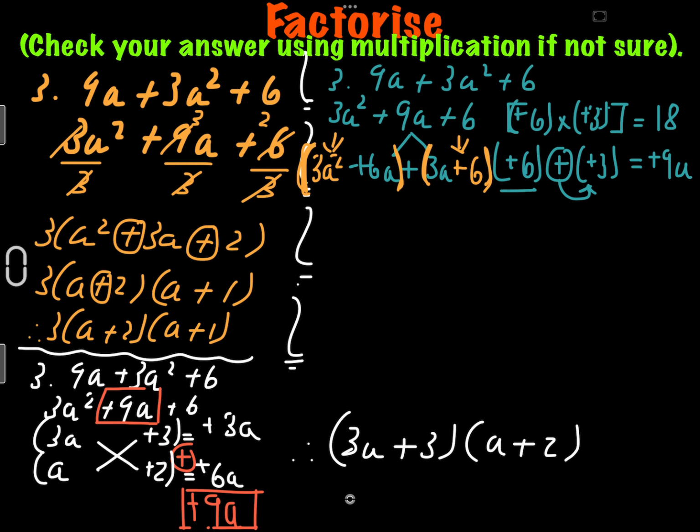In the first parenthesis, we can clearly see that 3a is a common factor, so we have 3a, and then we have a, because 3a multiplied by a gives us 3a squared, plus 2, close bracket. Moving on to the next parenthesis, our common factor is simply 3, so we have plus 3, open bracket, a plus 2.